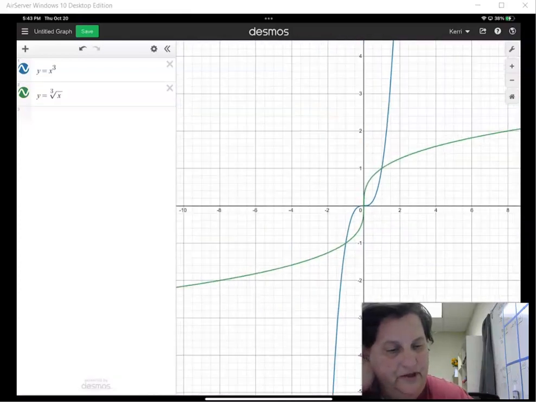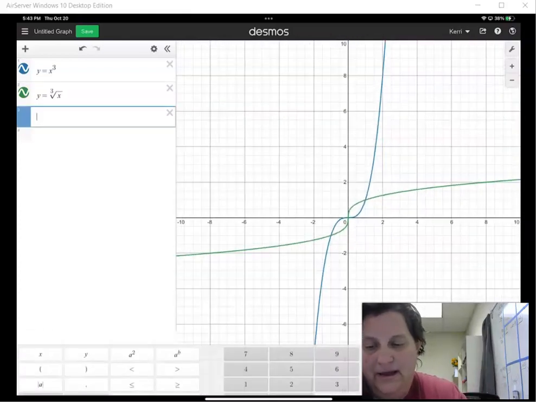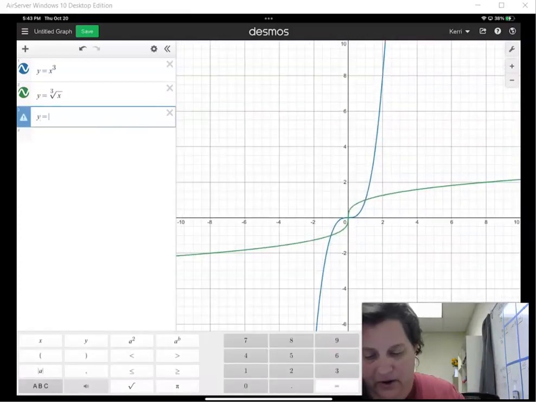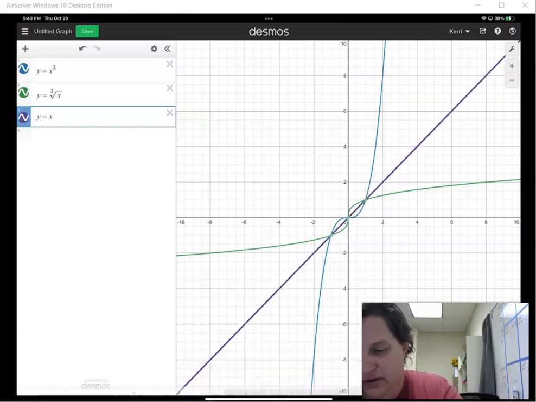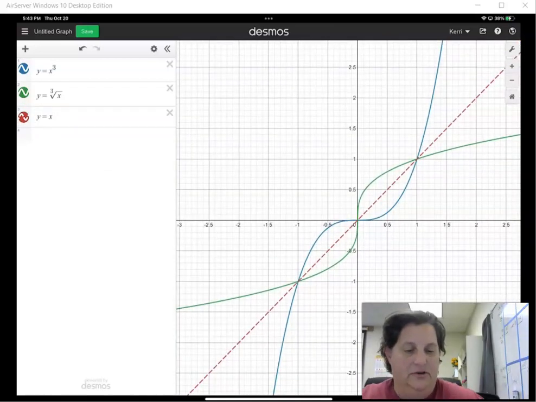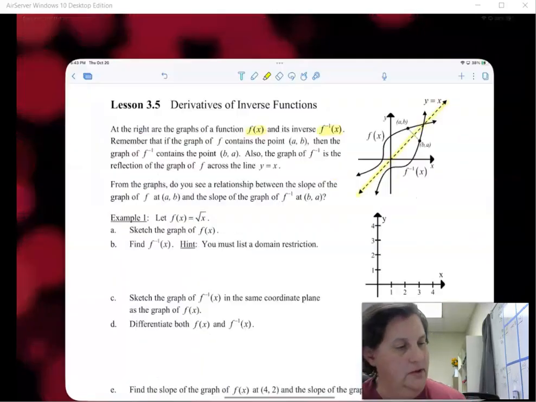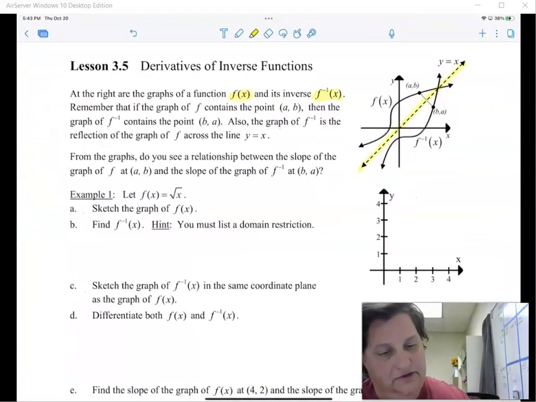These are inverses, okay? And if I draw the line y equals x right through the middle, nice and dotted so we can see it, this is symmetric around that line. All inverses will be, okay? All inverses are going to be symmetric like that.